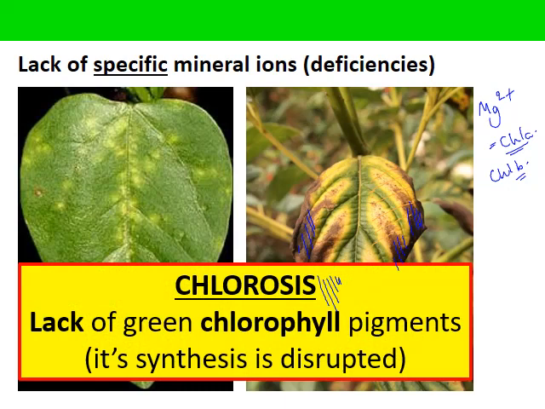Now another mineral ion that's needed to make chlorophyll is nitrate ions. We know nitrate ions are absorbed in the root hair cells of the plant, and they move across the cortex through the apoplast pathway and the symplast pathway, eventually being pumped into the xylem vessel, and they move up the xylem dissolved in water through transpirational pull, the cohesion-tension theory.